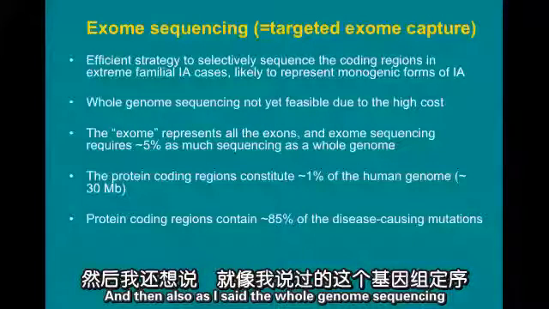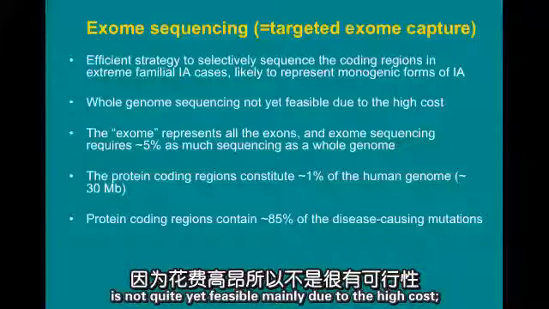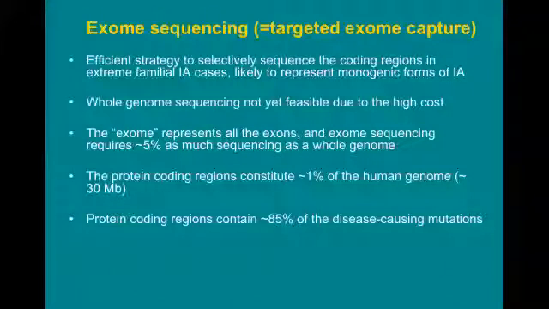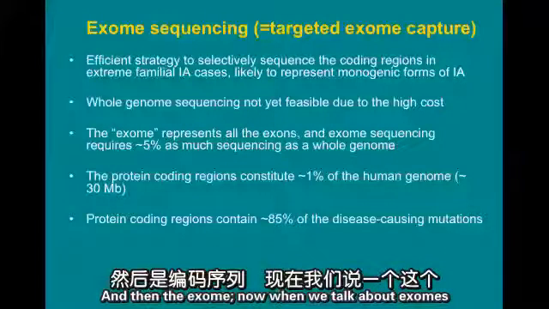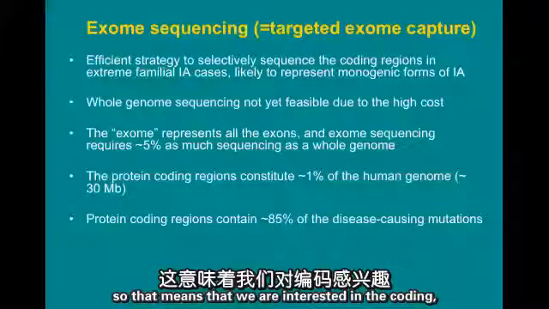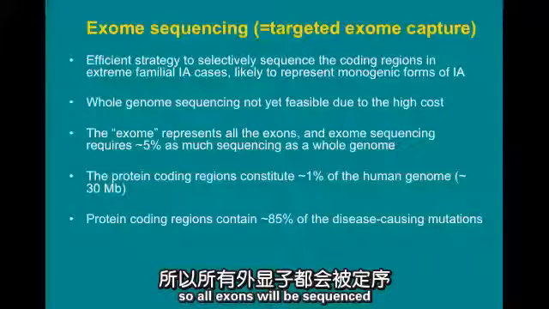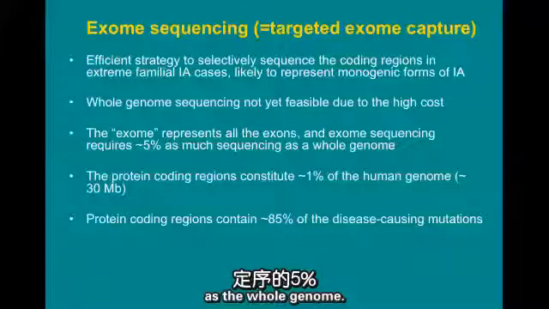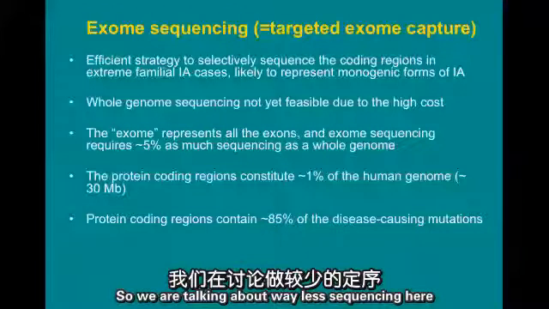And then also, as I said, the whole genome sequencing is not quite yet feasible, mainly due to the high cost. The technique is there, so it's the cost. And then so the exome, now when we talk about exome, so that means that we are interested in the coding, so all exons will be sequenced, and that requires about 5% as much sequencing as the whole genome. So we are talking about way less sequencing here.